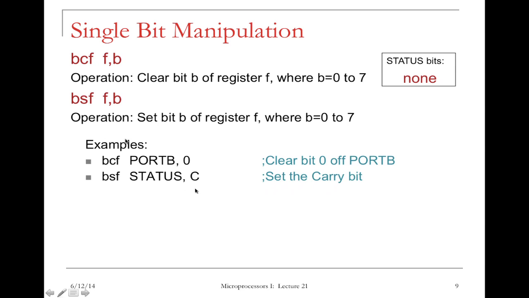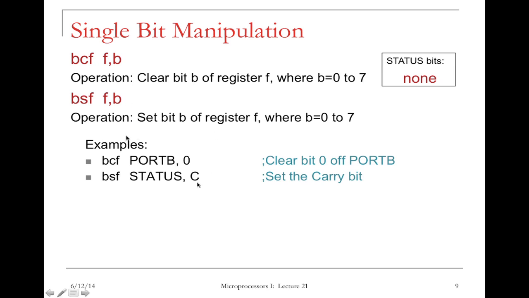Now, what is C? We tell you that this is the carry bit, but in fact, C is declared as a constant by the assembler in the header file, because we know in the status register that bit, I think it's bit 0, is the carry bit. So we just use C to represent that.